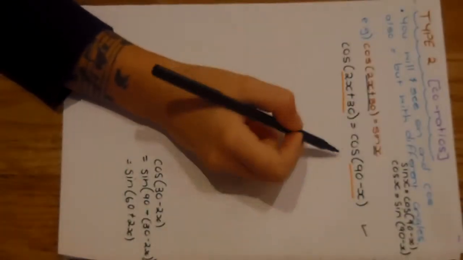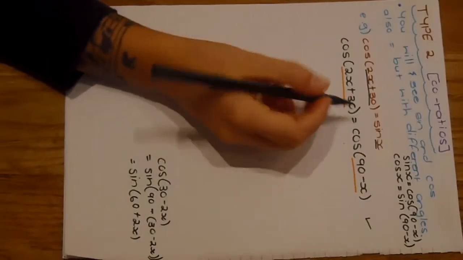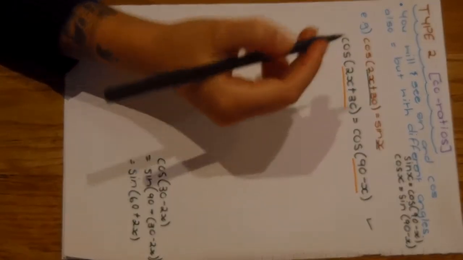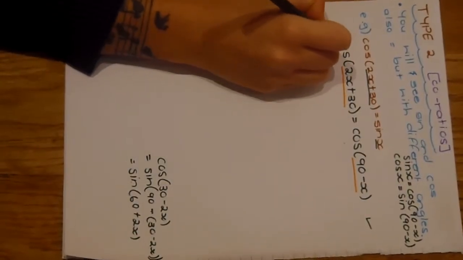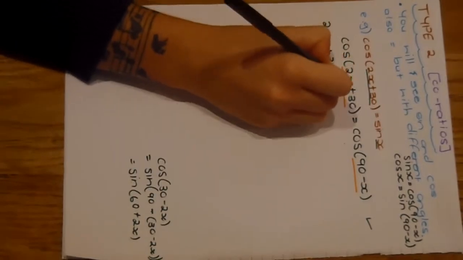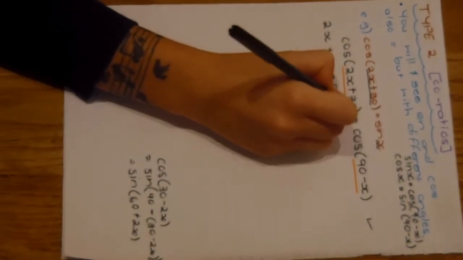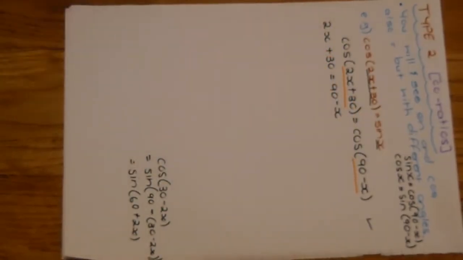Once you get to this point, it'll either be sine, sine, or cos, cos, or whatever. Okay, so now you can drop the coses, and you can make the angles equal to each other. Okay, 2x plus 30 equals 90 minus x. Now, you may be tempted to go and solve for x. We will get there.